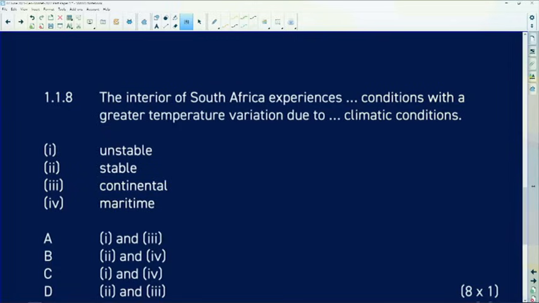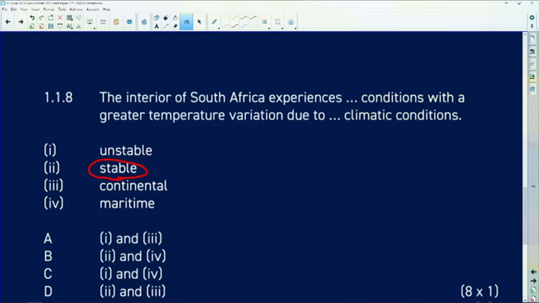Continental climate, right? Big variations. What happens over there? The land warms up, terrestrial radiation takes place, it cools down. Okay, in this case, the interior of South Africa experiences what type of conditions? Stable conditions, because we have the Kalahari over the interior, we have sinking air.